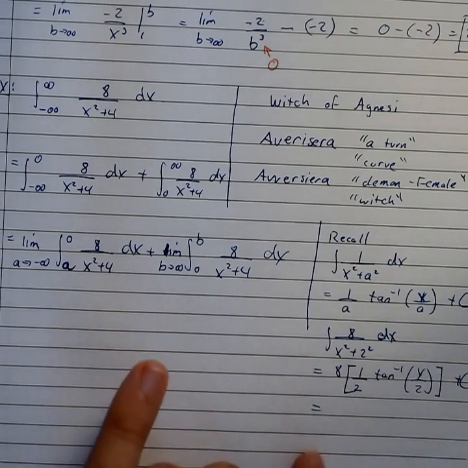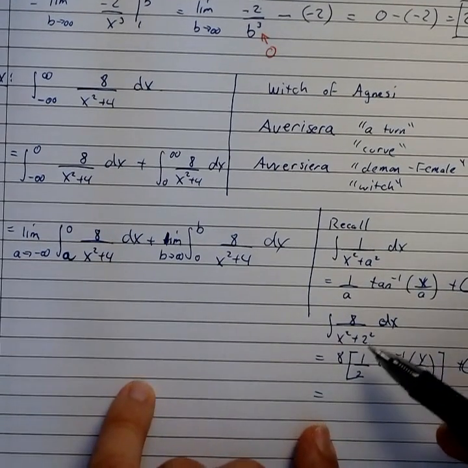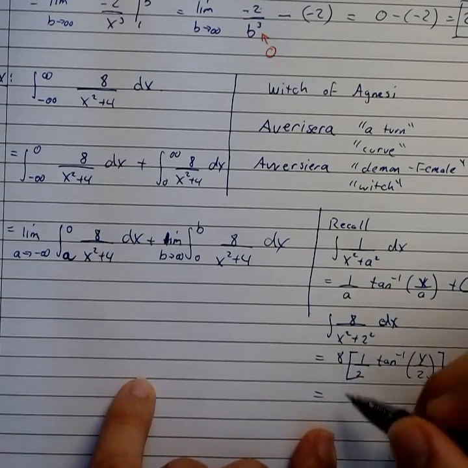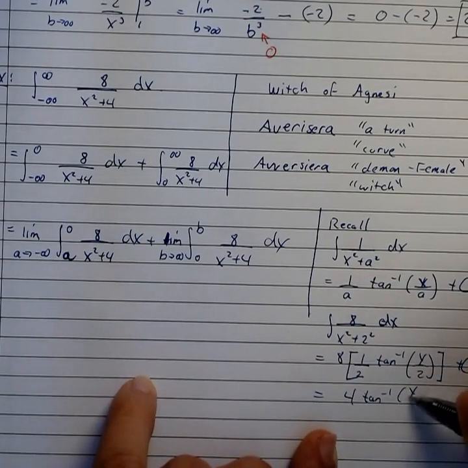And so the antiderivative of 8 over x squared plus 2 squared is 4 times the arctangent of x over 2 plus a constant of integration.